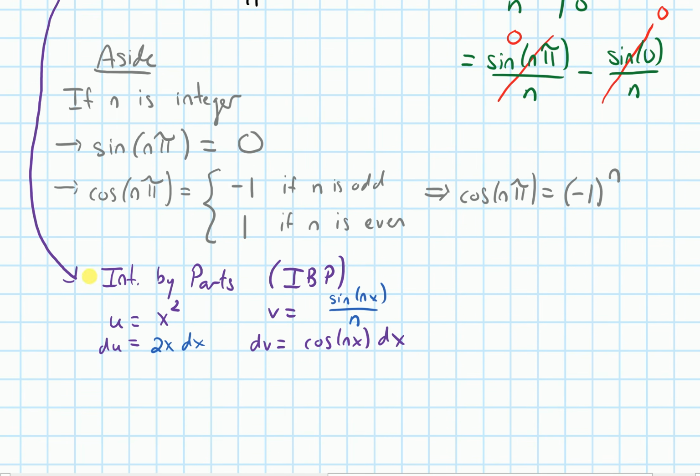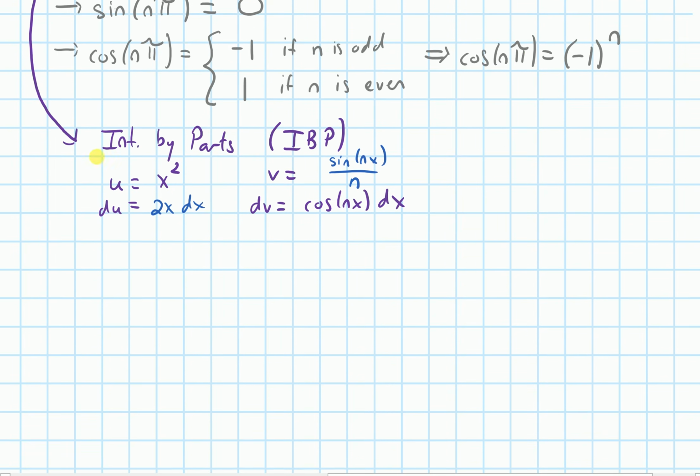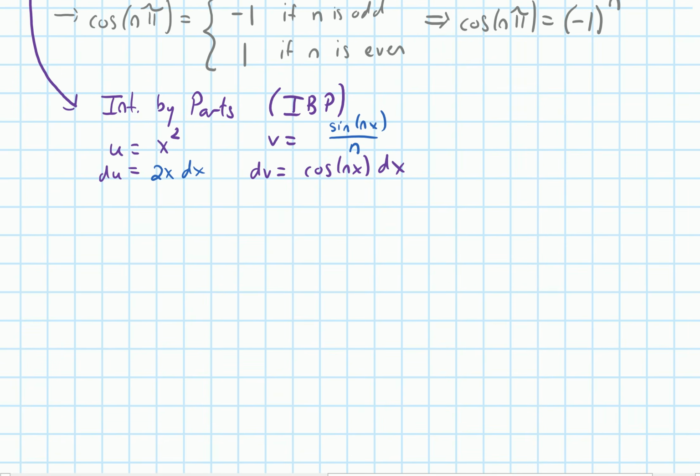So we have the setup for integration by parts. Now let's use our formula. It'll be uv, evaluated at negative pi and 0, and then minus the integral from negative pi to 0 of v du. So that's our integration by parts formula.